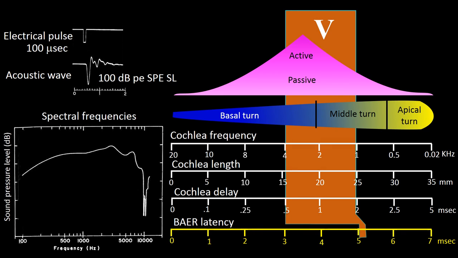So as you can see, wave 5 is triggered by sounds having a frequency of 1 to 4 kilohertz. It stimulates the cochlea at about 15 to 25 millimeters from its base.